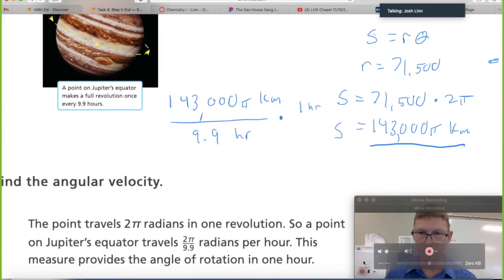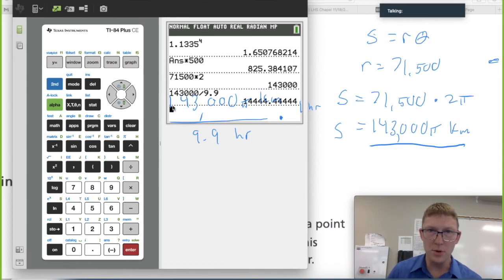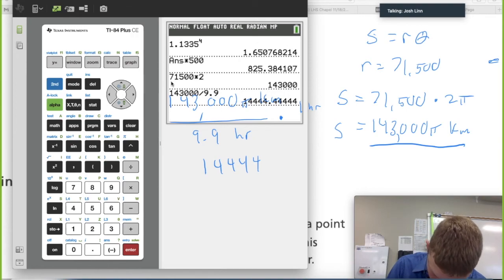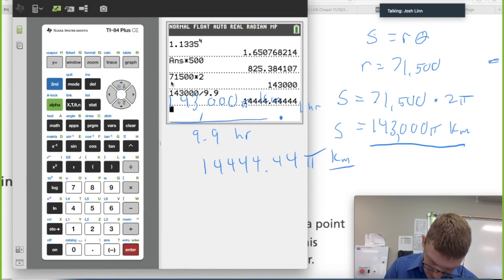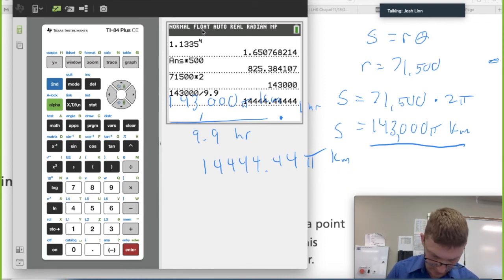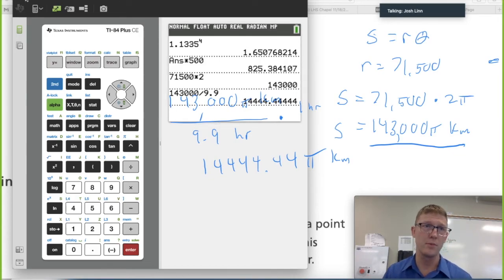I don't know, we'll see. So I'm going to go ahead and write down that number. 1, 4, 4, 4. How many fours? 1, 2, 3, 4. 4 fours, look at that. 0.44 pi. Kilometers per hour. Or I guess the hour dropped off. All right, so that's how you would do that full problem.